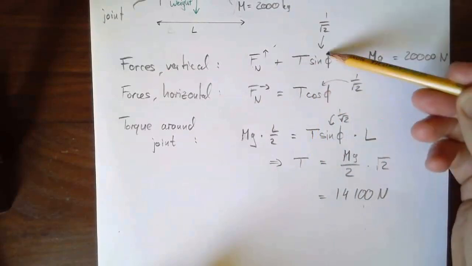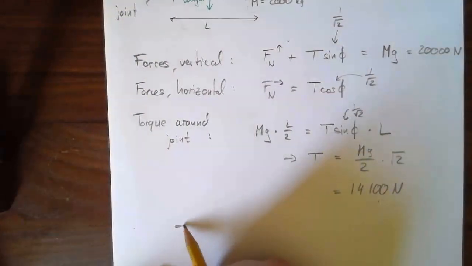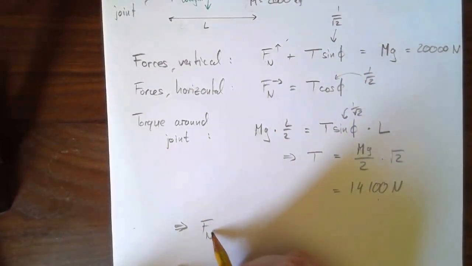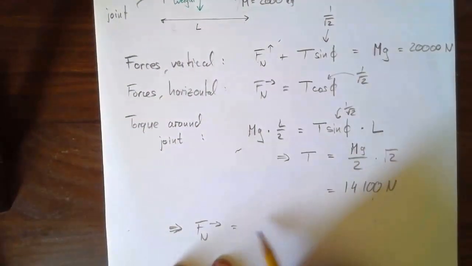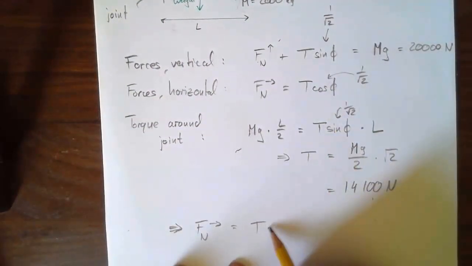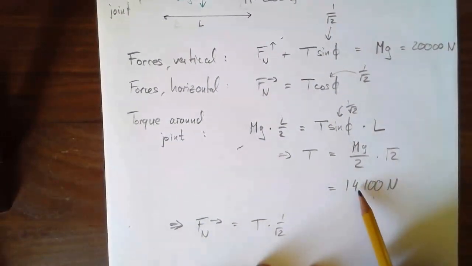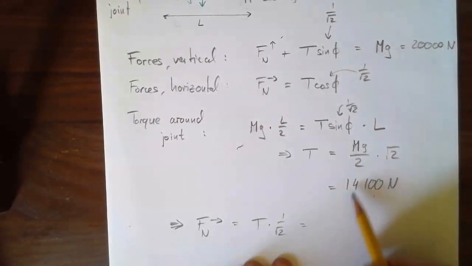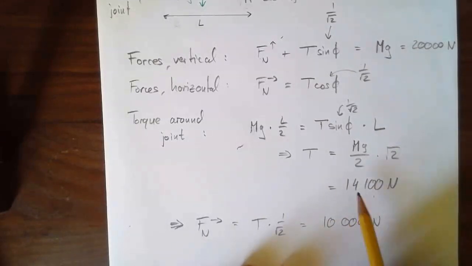Now we're not done because we want to find those other ones, but now that I have the tension, I can use either one of those equations to find either one of those. So let's do it. I'm going to have that Fn horizontal, so this horizontal normal force here is, well, I know it's T times 1 over root 2. Well, 1 over root 2, this was root 2 times 10,000, so that actually just comes to 10,000 newtons, right? I'm taking this and plugging it in here.